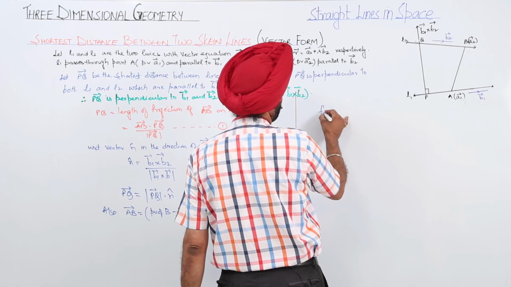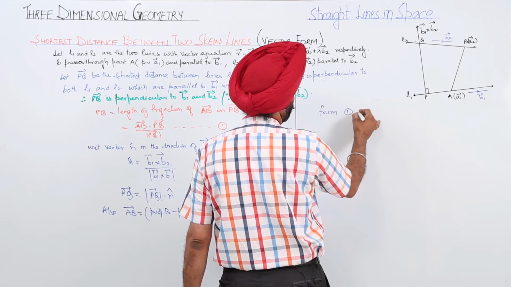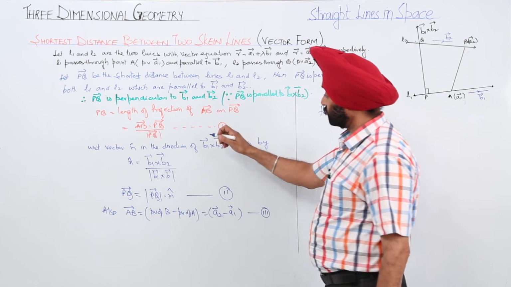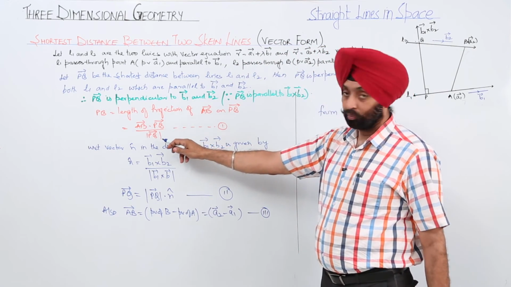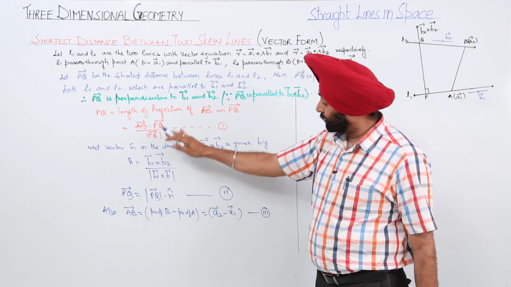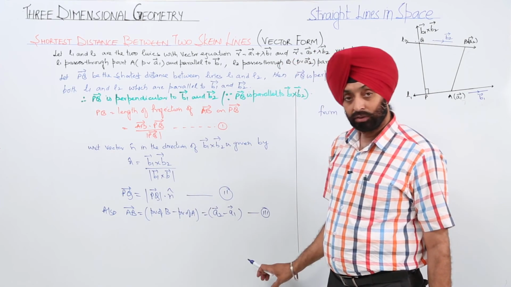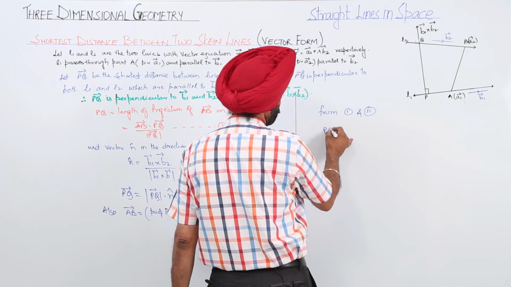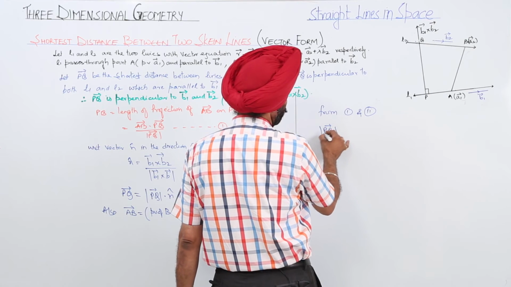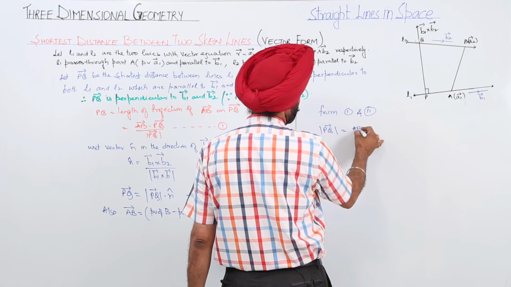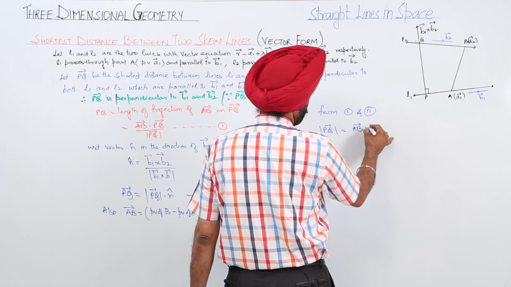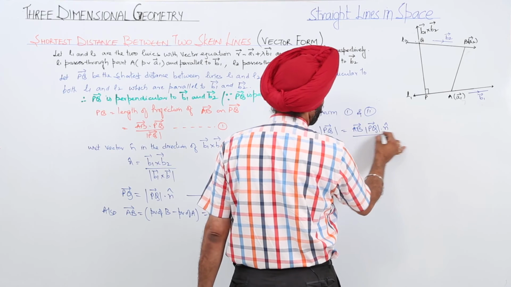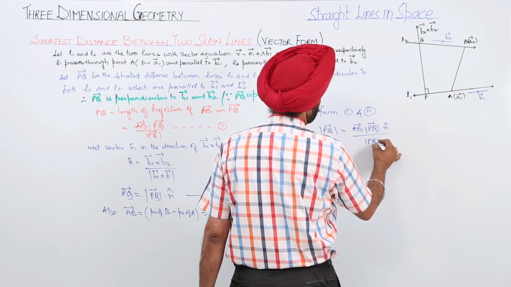From 1 and 2, now 1 is which one? AB dot PQ upon magnitude of vector PQ. Vector PQ is this one and AB is this one. So from 1 and 2 we get magnitude of vector PQ is equal to vector AB dot magnitude of vector PQ n cap upon magnitude of vector PQ.